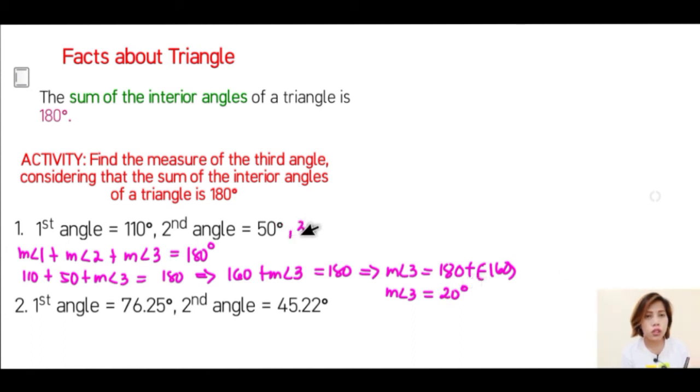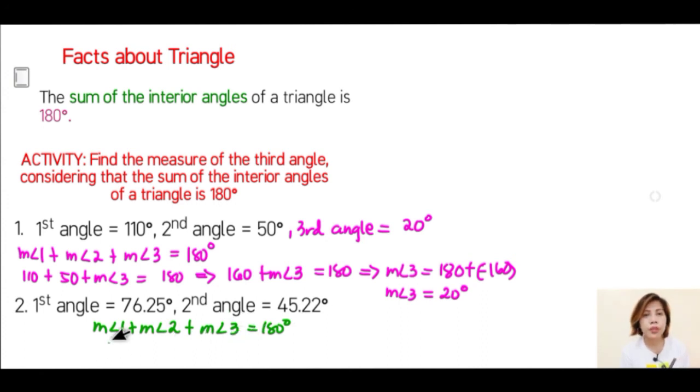So, the third angle measures 20 degrees. So, the next one is, the first angle is 76.25 degrees, and then the second angle is 45.22 degrees. So, measure ng angle 1 plus measure ng angle 2, or yung second angle, plus measure ng angle 3, yan yung nawawala. It's equal to 180 degrees.